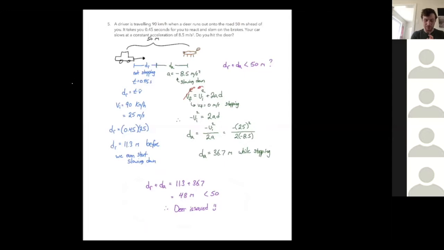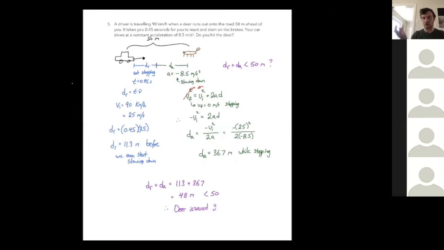So for example, I could say, hey, this deer is 50 meters in front of you. What is the longest reaction time that you can have before you actually hit the deer? In which case you just have to work backwards a little bit and know, okay, you're going to travel 36.7 meters while you stop, which means you have the difference between 36.7 and 50 meters in order to react.